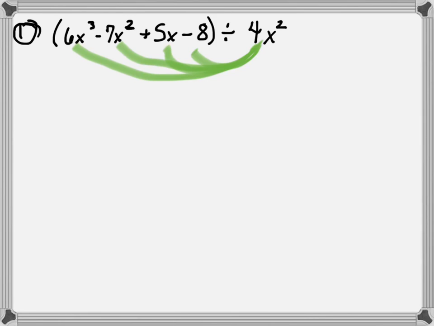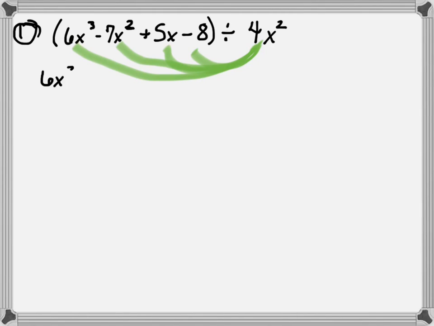So problem 1, we have 6x cubed minus 7x squared plus 5x minus 8, divided by 4x squared. That 4x squared is going to divide into each one. My next step is always to rewrite it to show that it's divided by 4x squared each time.